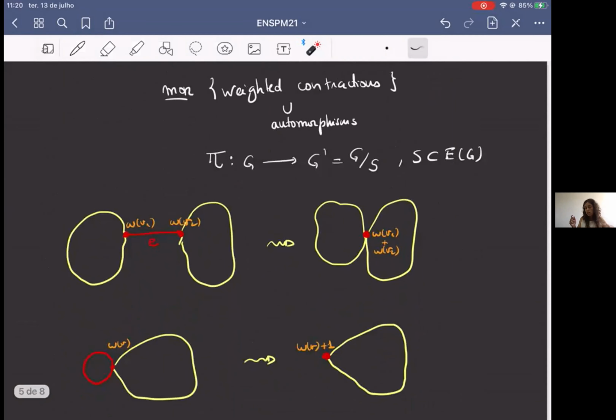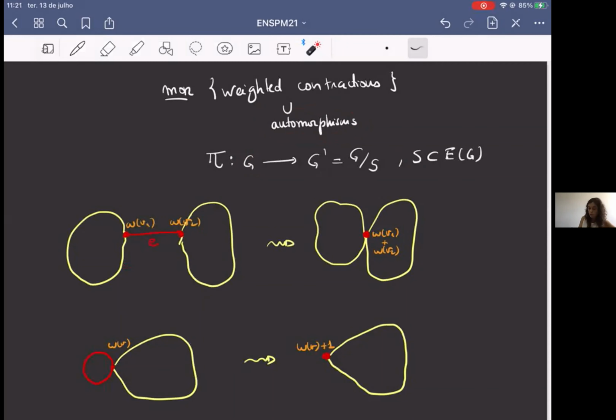So a contraction is going to be given by choosing a certain set of edges, which could be empty, and then you would also be considering automorphisms. And then you map a graph to a contraction of this set of edges.